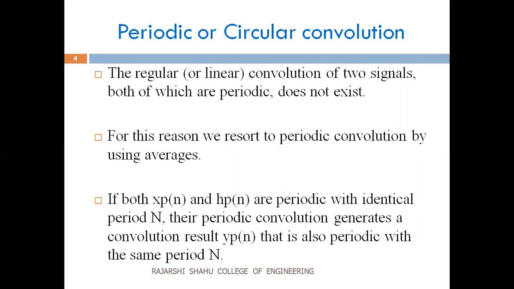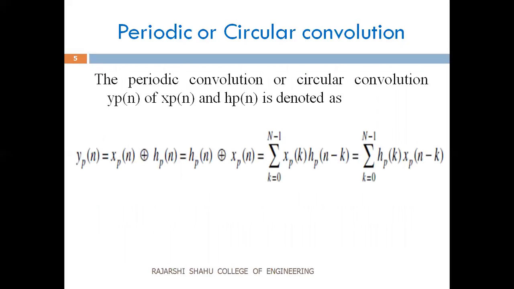If both the signals, input signal x_p[n] and impulse response h_p[n], are periodic with identical period of capital N value, then their periodic convolution generates a convolution result y[n] that is also periodic with the same period capital N. The periodic convolution or circular convolution between x_p[n] and h_p[n] is denoted by the notation y_p[n].